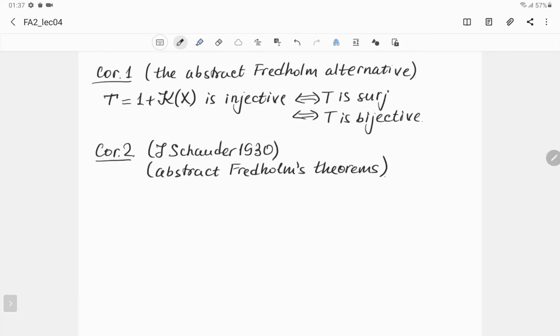So again, suppose that T, I should write the inclusion here. So T is an operator of the form, the identity operator plus a compact operator on a Banach space.